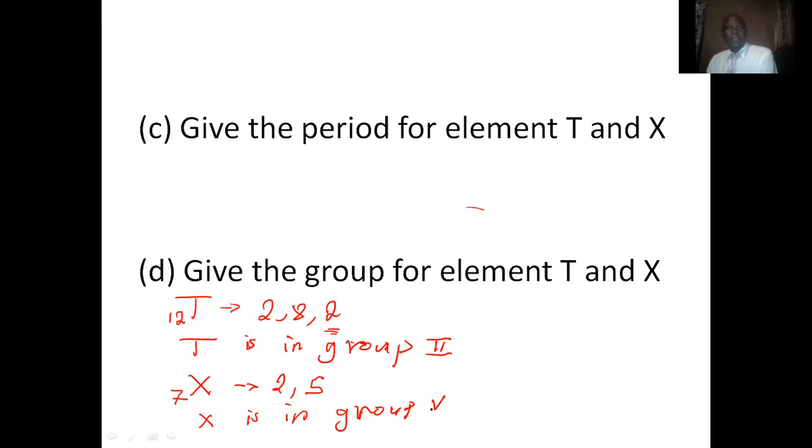So, in other words, the group number is the number of electrons in the outermost shell. So the element will be placed in a group based on the number of electrons in the outermost shell. While for the period, it's the number of shells that the element has, which places it in that period on the periodic table.